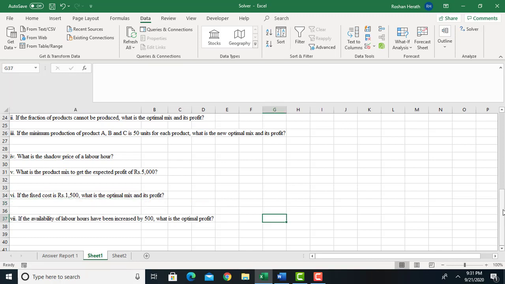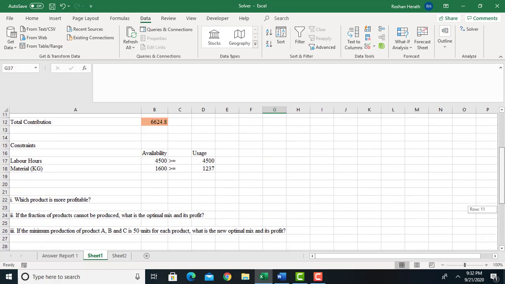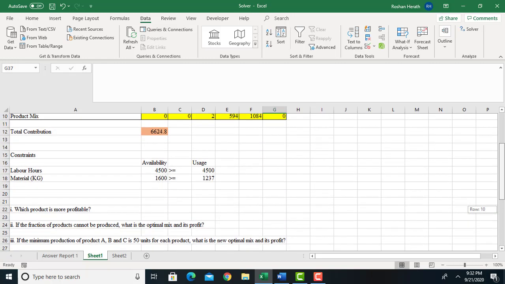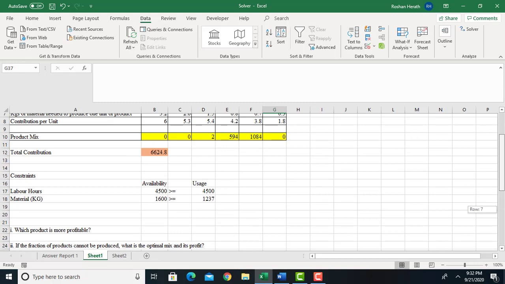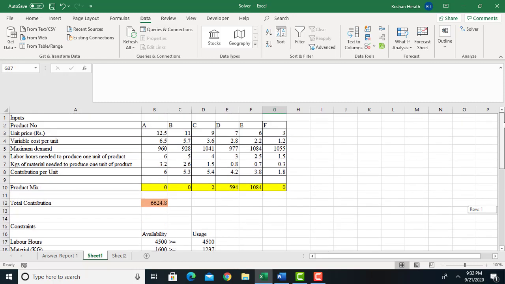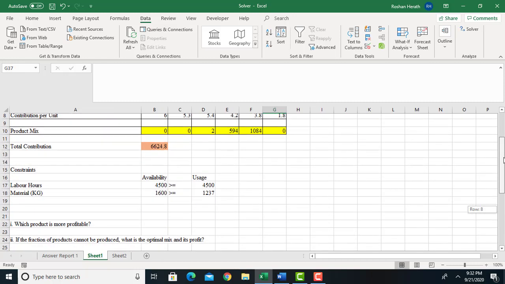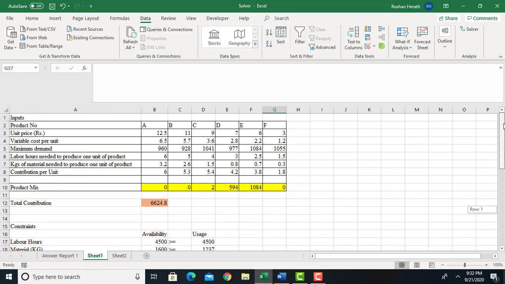Right. Now let's see the questions one by one. Which product is more profitable? It asks us, depending on this situation, which product is more profitable? It's quite straightforward. It is the product that you had produced the most. Out of the given products, you had produced product E the most.